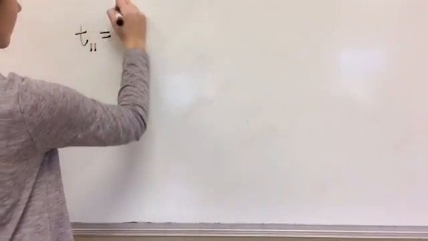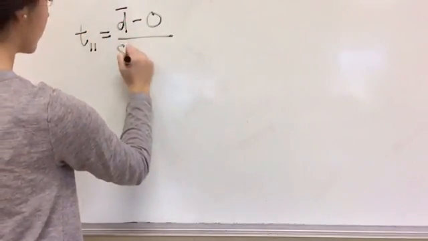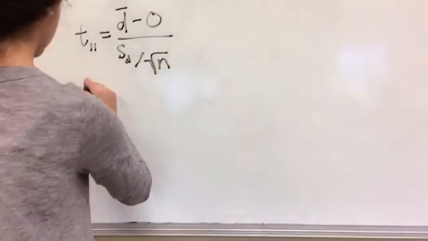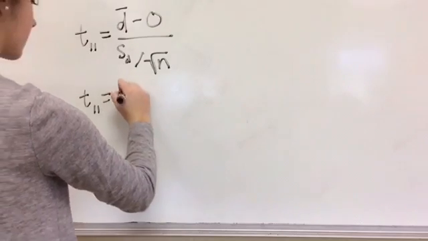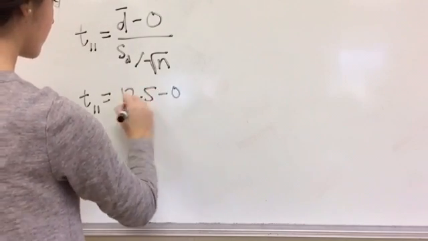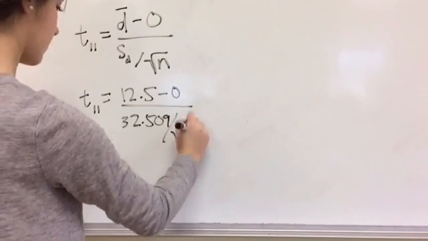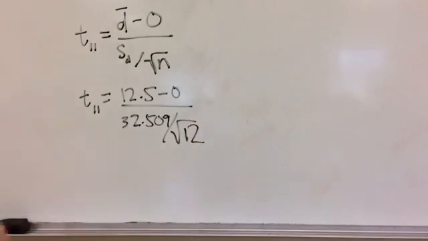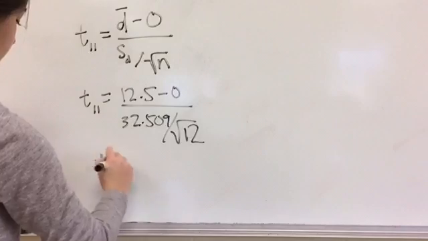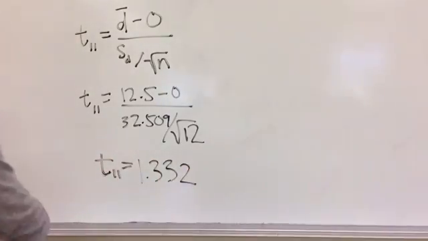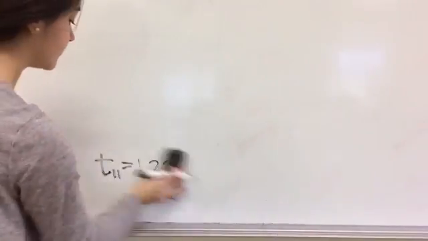So to set up our formula and our calculation, you're going to do t sub 11, since the degrees of freedom are 11, equals d bar, which is the mean difference, minus 0, over the sample standard deviation over the square root of n, the sample size. When you plug in the numbers, you get t sub 11 equals 12.5 minus 0 over 32.509 divided by the square root of 12.